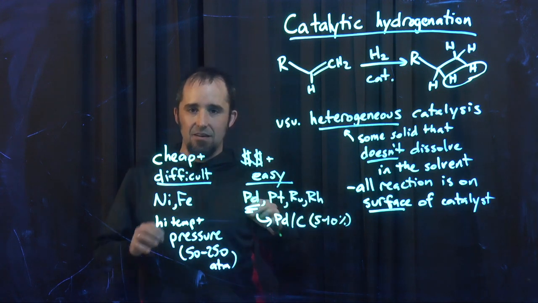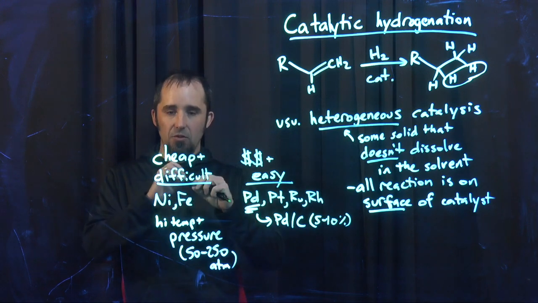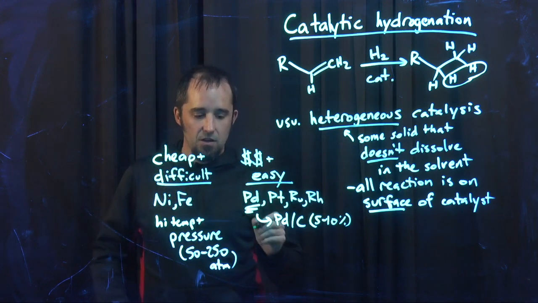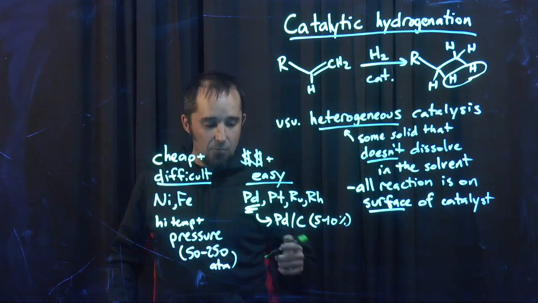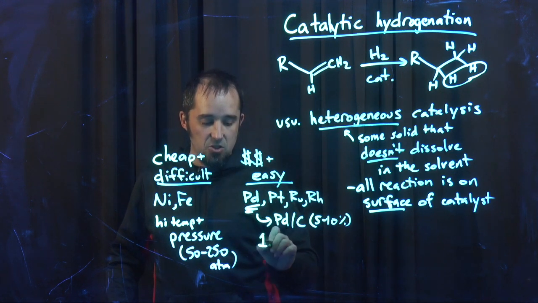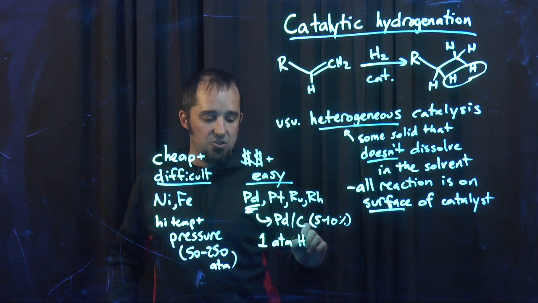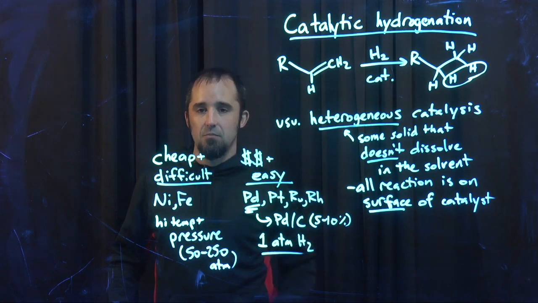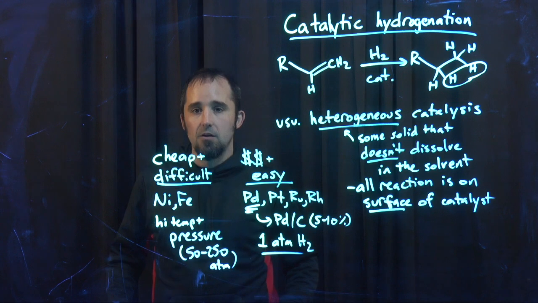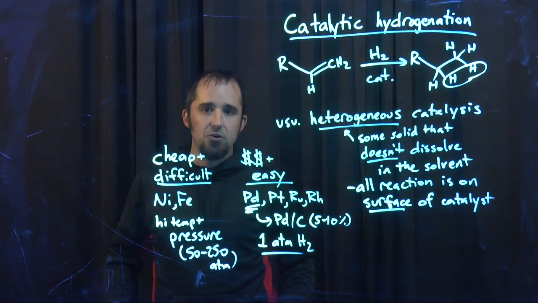It's a charcoal powder with a little bit of palladium on the outside. The great thing about this is that now we can just use 1 atmosphere of H2. When I'm doing this in my lab, we literally fill a balloon with hydrogen, and that balloon pressure is enough to make this go.